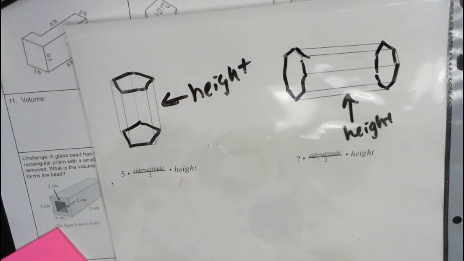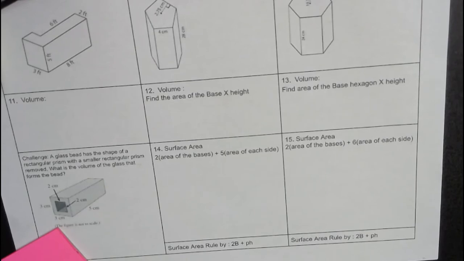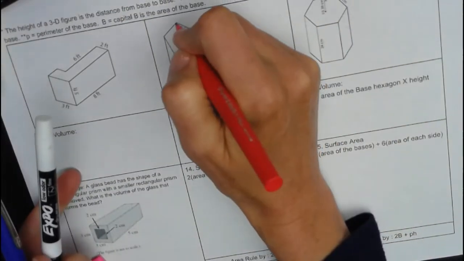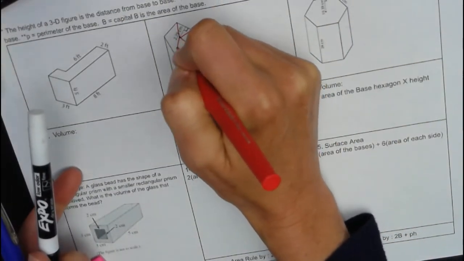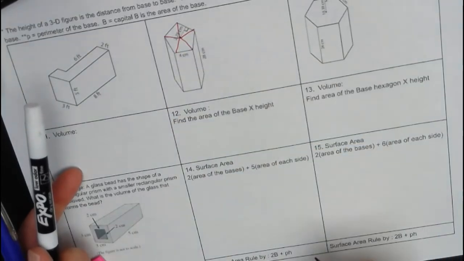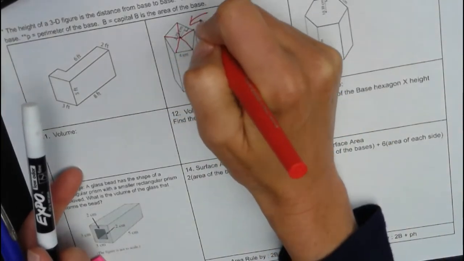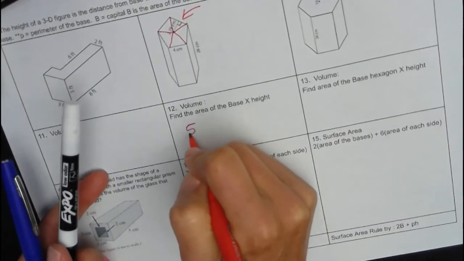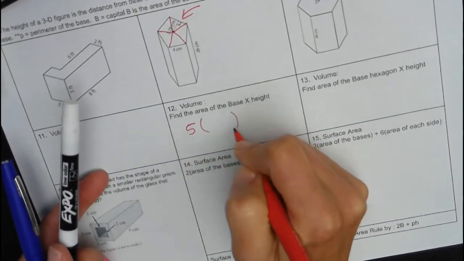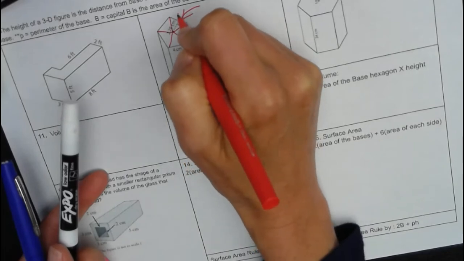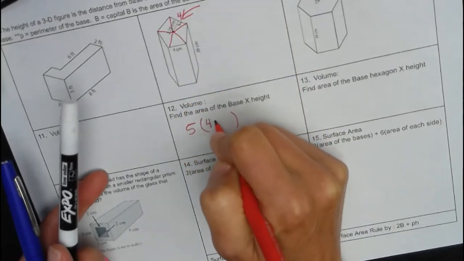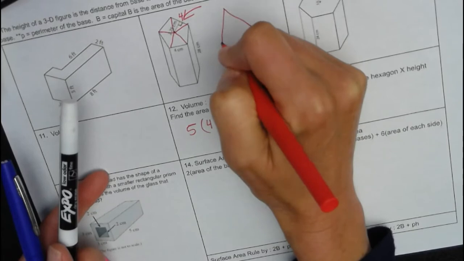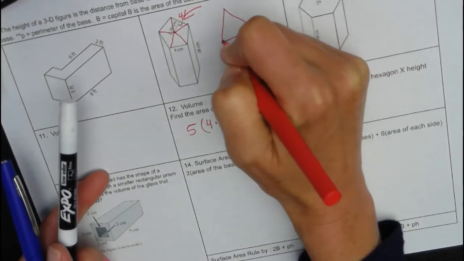So let's go ahead and practice a couple. This is a pentagon. I'm going to draw lines from the center to the corners, and I'm going to understand that this is one triangle right there. So I have 5 triangles, and those triangles are each 4. I'm going to enlarge that piece right here. This is an enlargement of it.